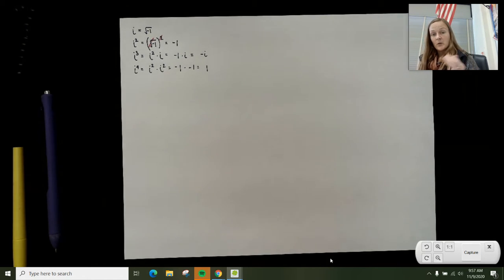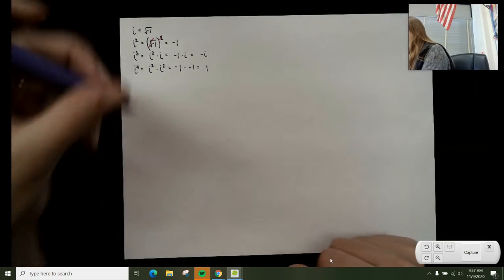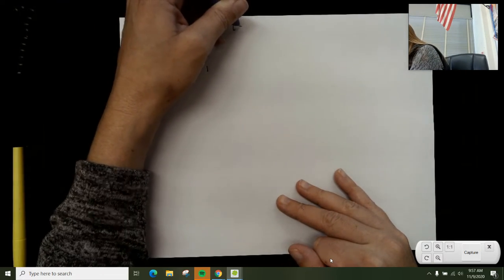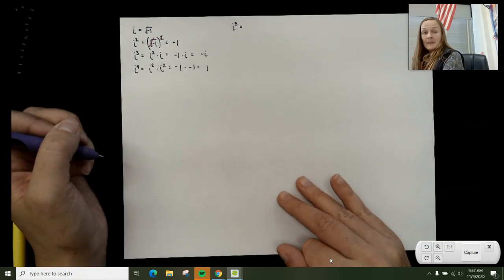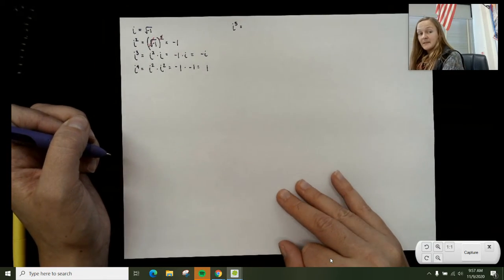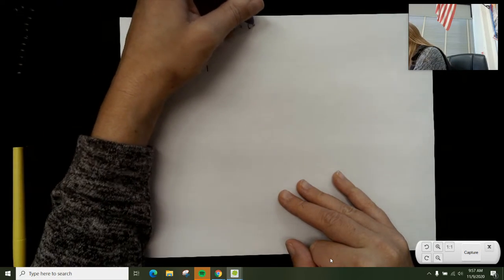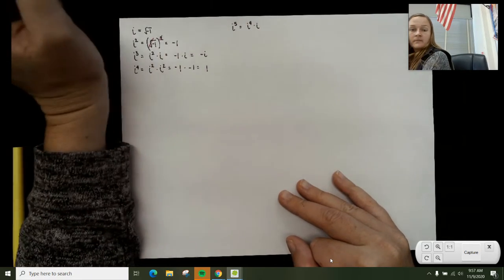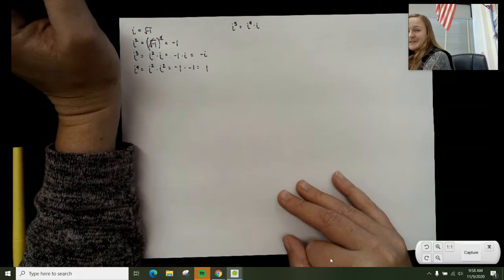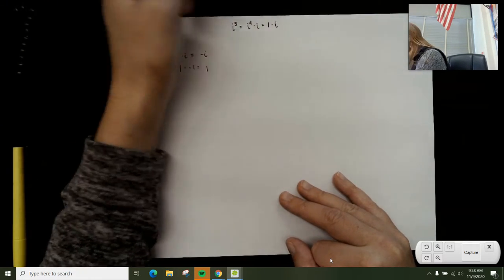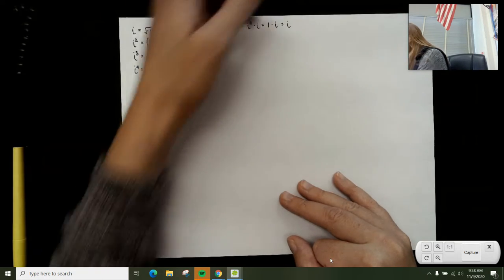Now I'm going to go through and do the next cycle. So i to the fifth is equal to i to the fourth times i. i to the fourth was equal to 1 times i, so it's just i.